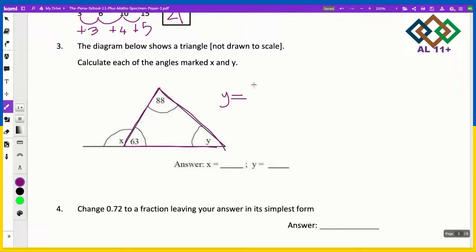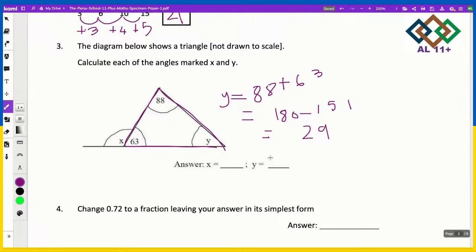So you could add these two up: 88 plus 63, and then subtract that from 180. 88 plus 63 is 151, so 180 minus 151 gives you 29.